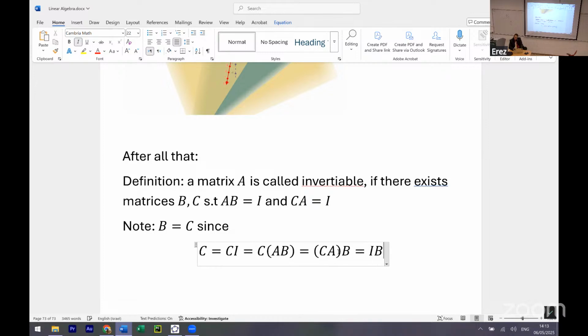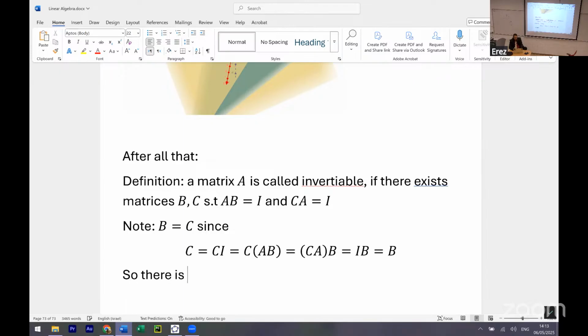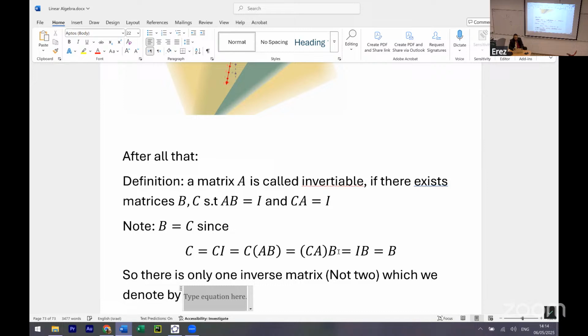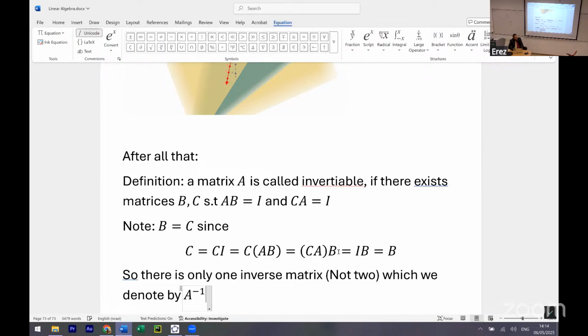It's I, so it's IB, which is B. So B equals C. So there is only one inverse matrix, not two, like you rightfully thought, one to the left and one to the right. It has to be the same matrix, which we denote by A minus 1.